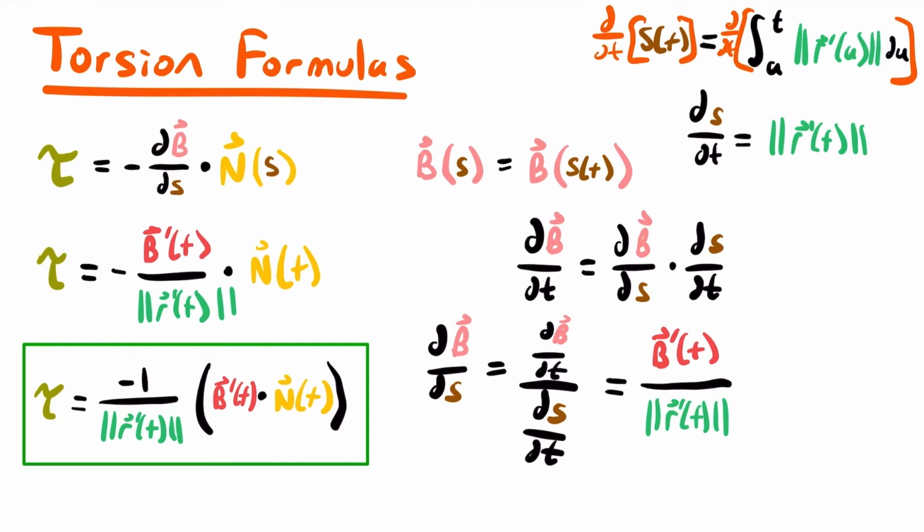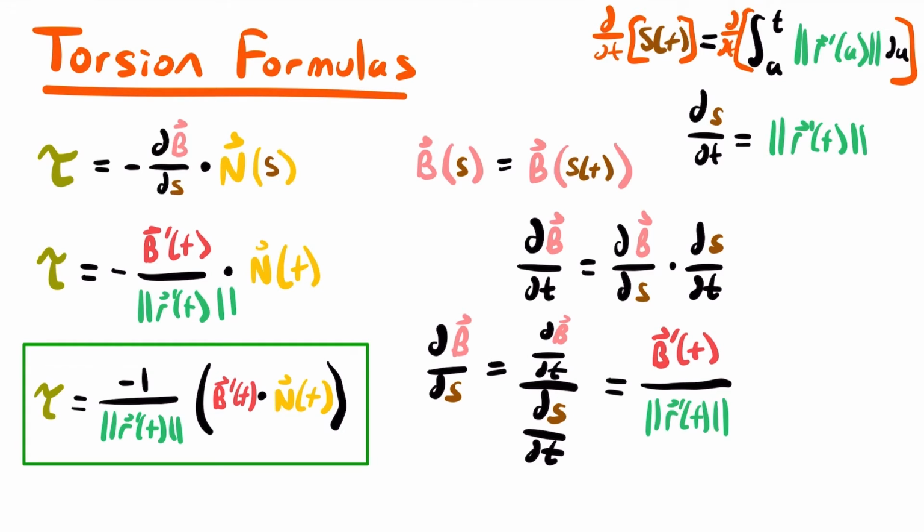And sometimes finding the unit binormal vector in terms of t is extremely inconvenient. It takes a long time, or it's just a complete mess to get to. And so needing to find that every time so that you can then take its derivative in order to find torsion is not ideal. This is not something that we want to do, really. This formula would work, but it's ultimately not too useful for us doing these calculations by hand.